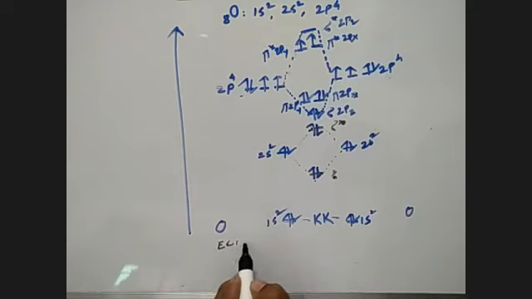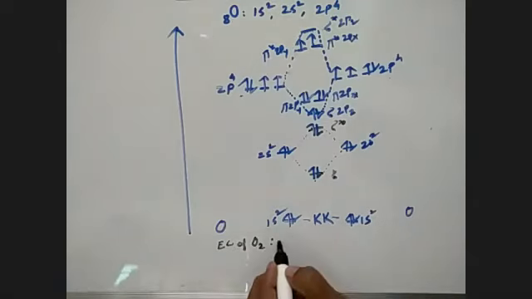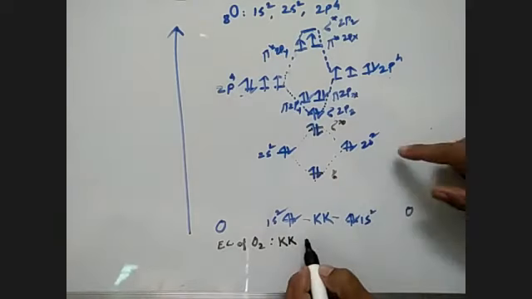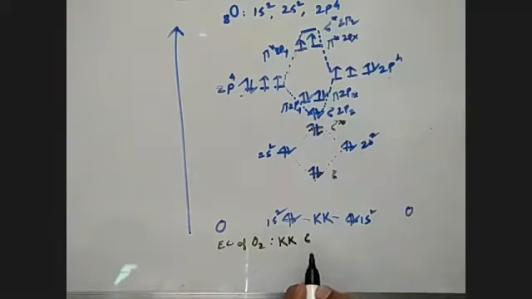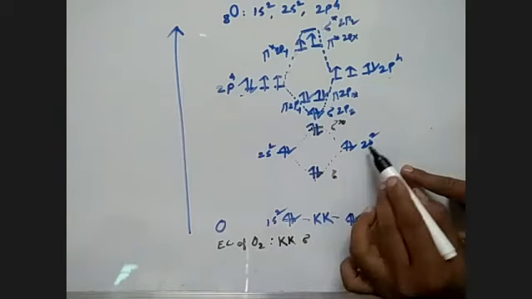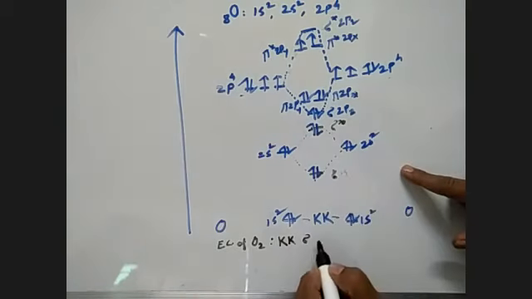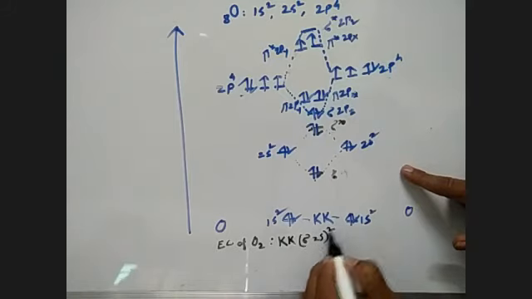First is KK. Then sigma 2s, with 2 electrons.